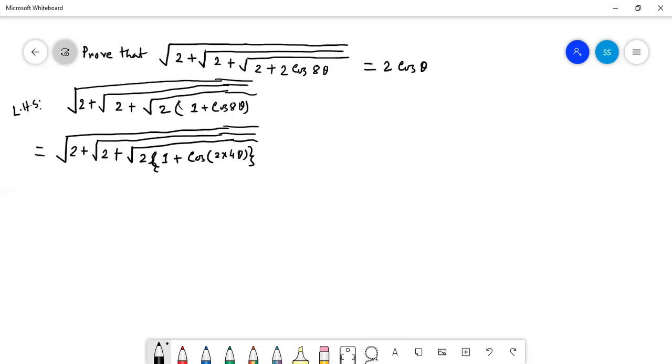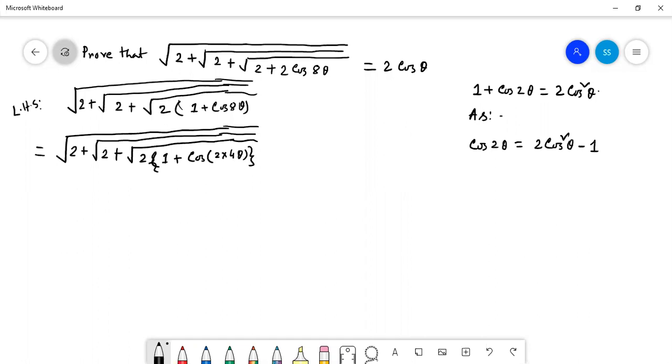What is the formula for this? 1 plus cos 2 theta is equal to 2 cos square theta. As from the formula, cos 2 theta equals 2 cos square theta minus 1. That was the formula, right? cos 2 theta equals 2 cos square theta minus 1. So 2 cos square theta means 1 plus cos 2 theta.